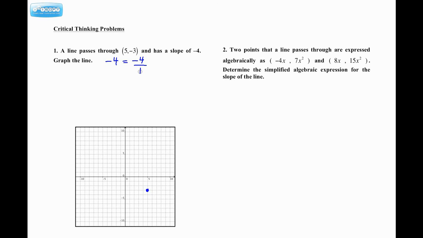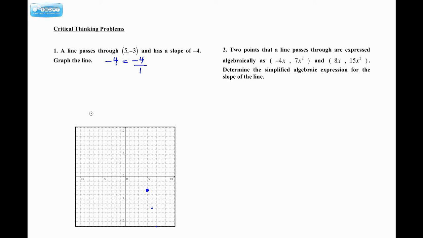So we move to the right 1 space. So we go down 1, 2, 3, 4, and then we move to the right 1. So we know that another dot on our line would sit there. Let's try it again. 1, 2, 3, 4 over 1, and there we go. So you can see these 3 dots would form a straight line.